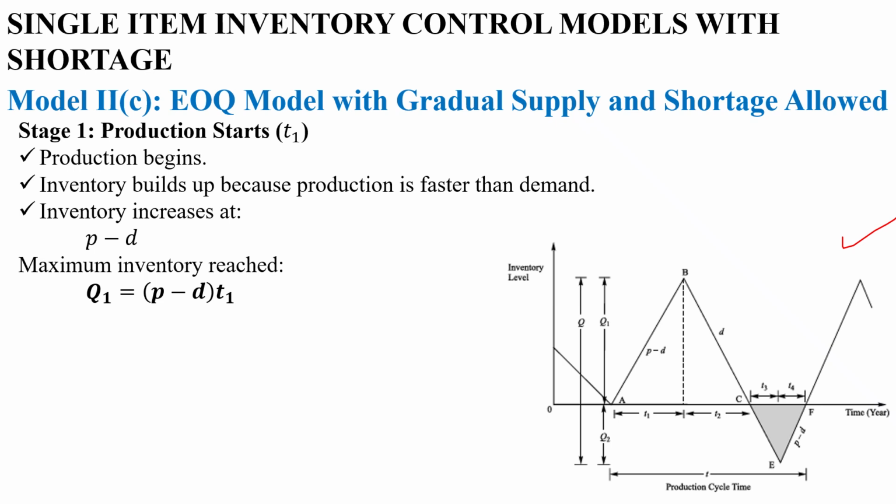So let's consider the production cycle time. The total production cycle time is the small t, which is the summation of T1, T2, T3 and T4.